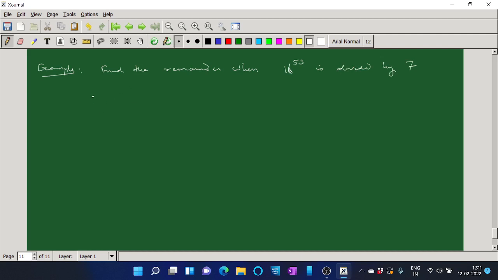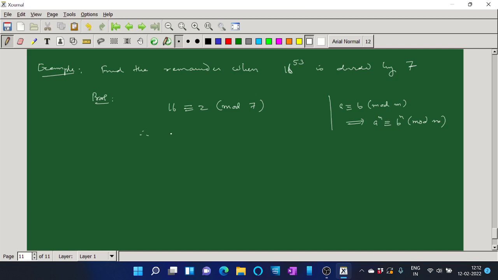We know it is done like this. 16 is clearly congruent to 2 mod 7. Here we want to find 16 raised to 53. So we have the relation that if A is congruent to B mod M, this implies A raised n is congruent to B raised n mod M for any integer.